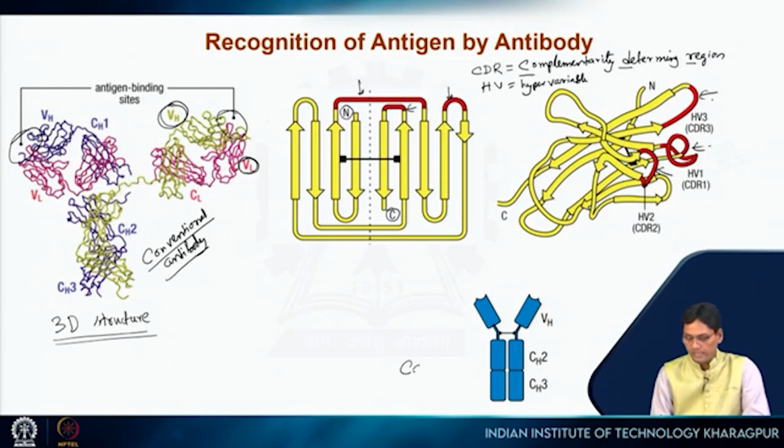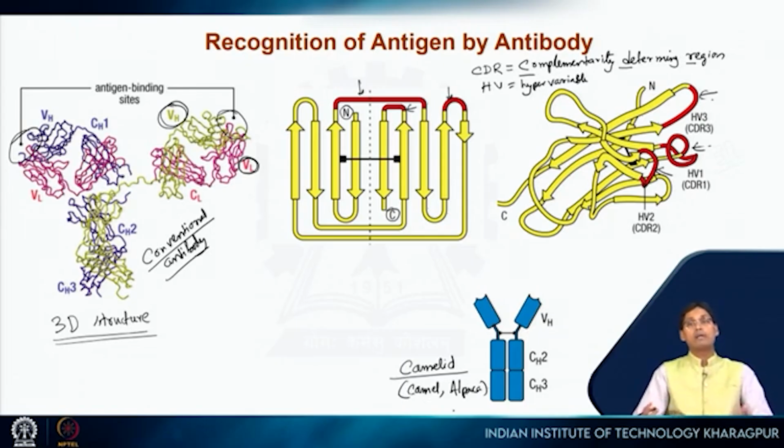This is found in the camelid group of animals. Camelid means, for example, camel, alpaca, which is a little smaller animal than camel. So camel, alpaca, llama, those animals have this kind of antibody.